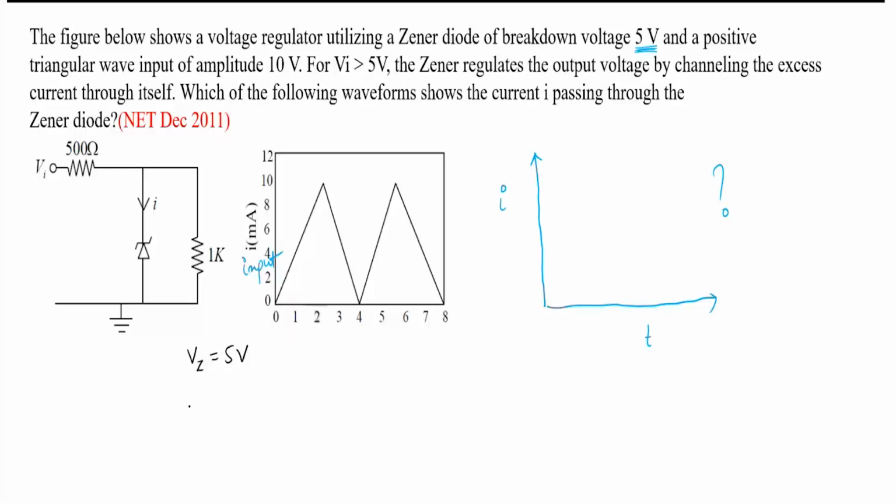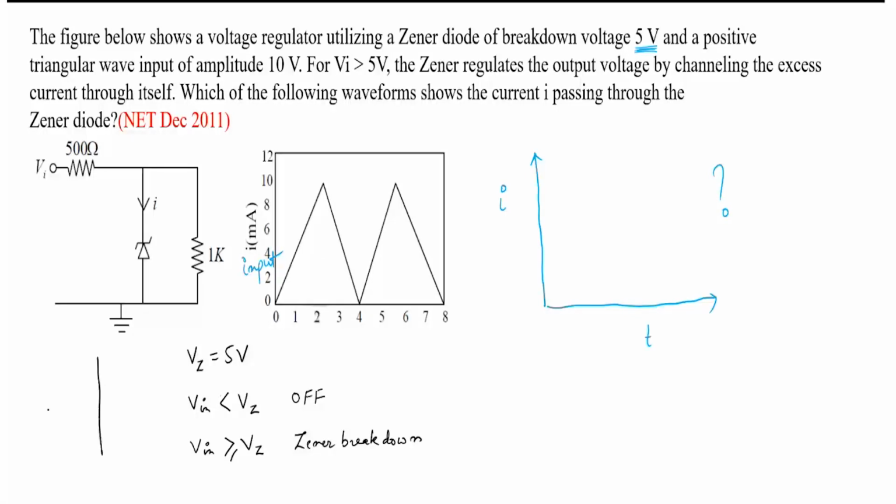Now, when the input is less than Vz, what will happen to the Zener diode? On or off? Off. But when V input is greater than or equal to Vz, what will happen? Zener breakdown will happen. And what is Zener breakdown?